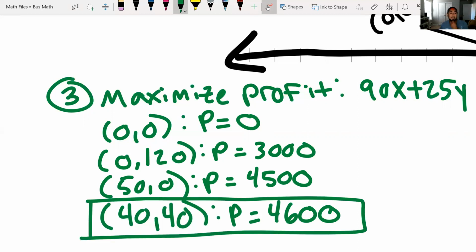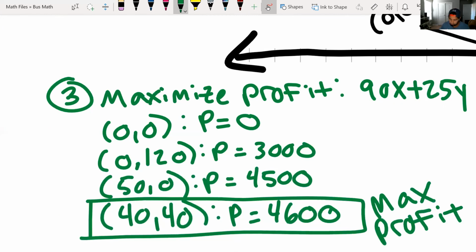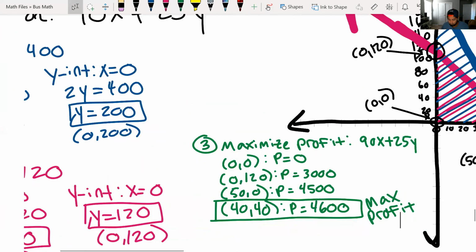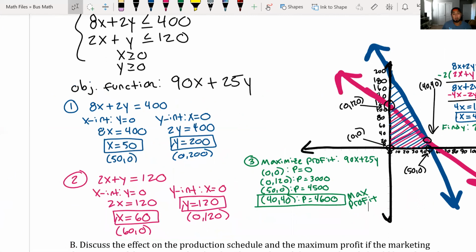So (40, 40) makes my maximum profit: 40 tables, 40 chairs. So this is max. Okay, there you go.